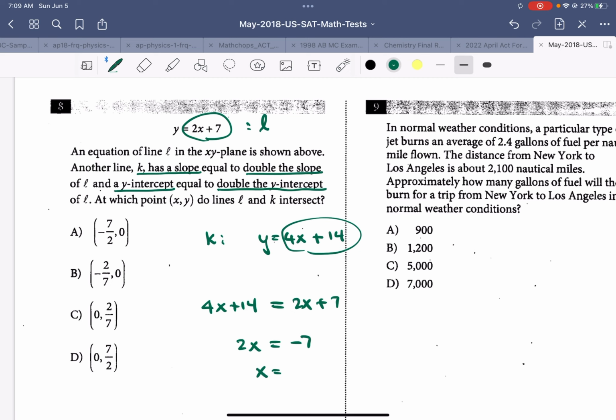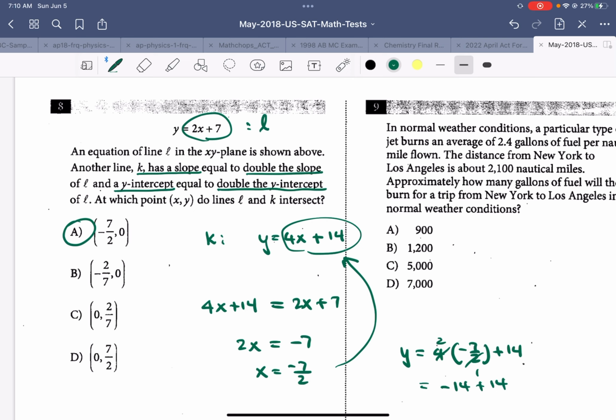So your x value is negative 7 over 2. So you already know the answer should be A. But if you want to find the y coordinate, you can plug it in here. So y equals 4 times negative 7 over 2 plus 14. Then you can cancel. Negative 14 plus 14 is 0. So that is the correct answer.